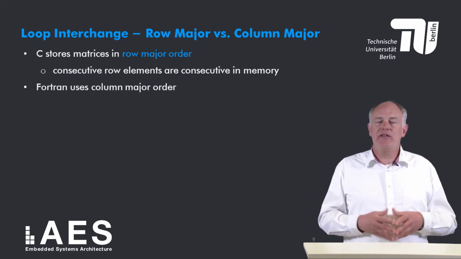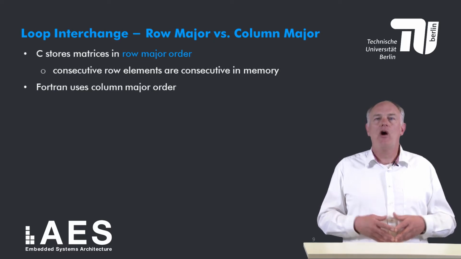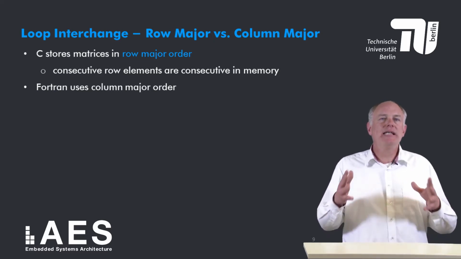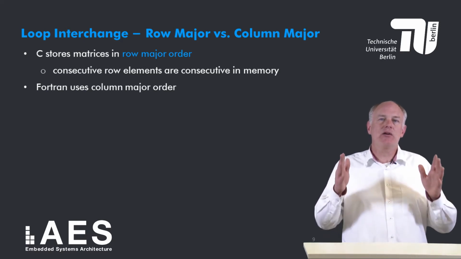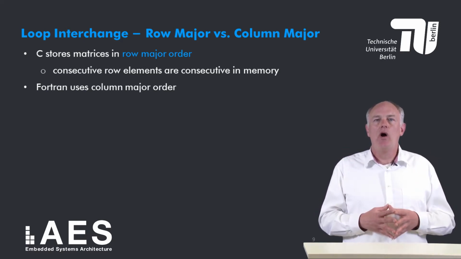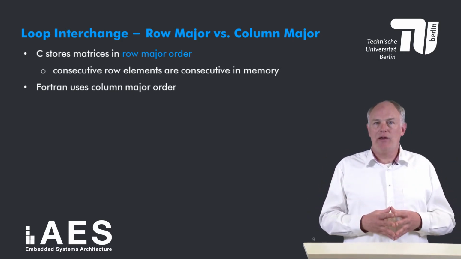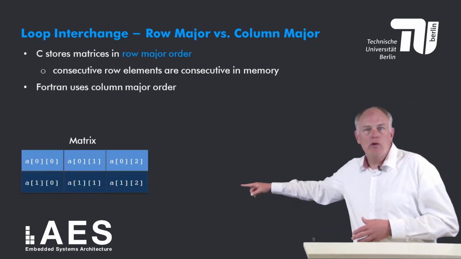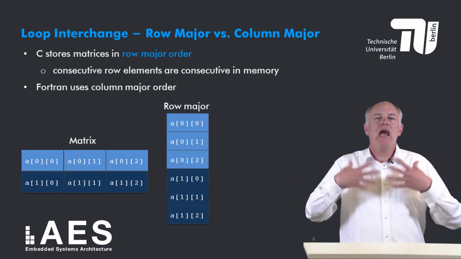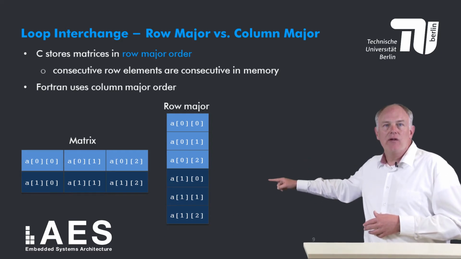Whether loop interchange is effective depends on how two and higher dimensional matrices are stored in memory. C stores matrices in row major order. This means that consecutive elements within a row are stored consecutively in memory. Fortran, on the other hand, uses column major order. Here's an example, a matrix with 2 rows and 3 columns. If row major is employed, the matrix is flattened like this.